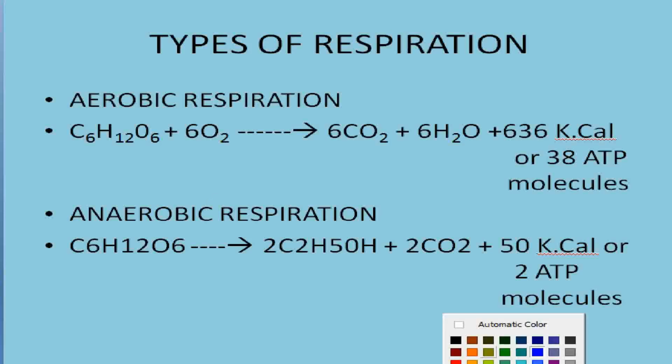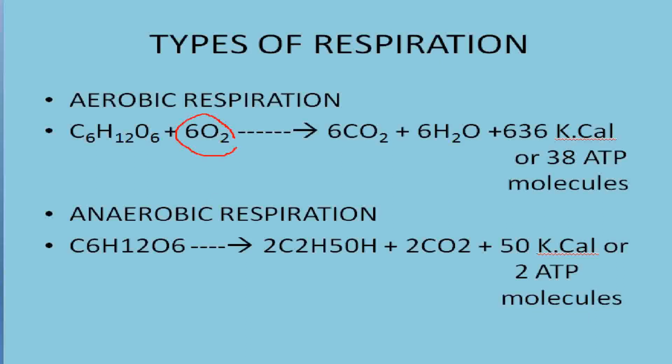But in anaerobic respiration, there is no oxygen. And the second point: aerobic respiration is a complete process, while anaerobic respiration is an incomplete process. Why do we say that?